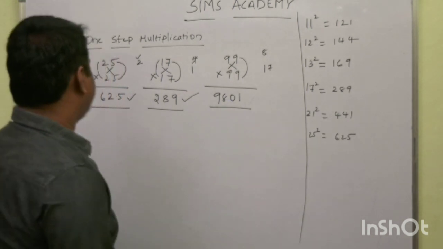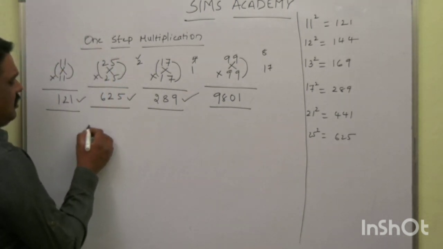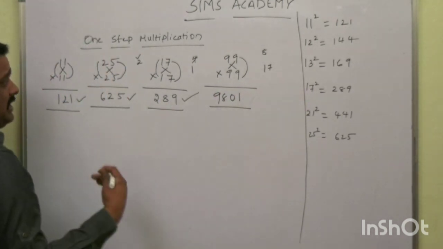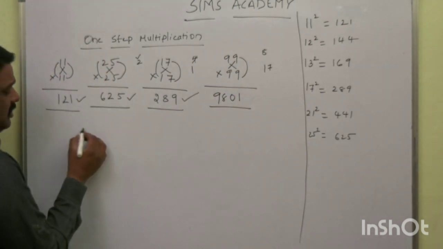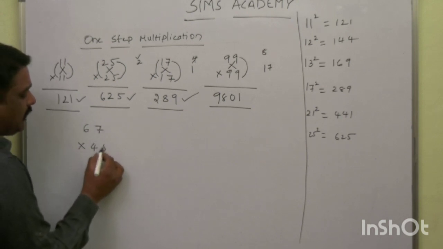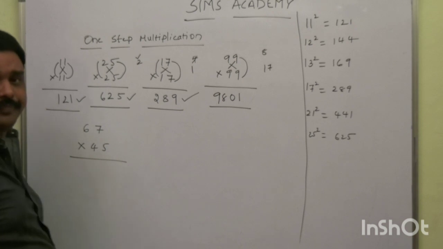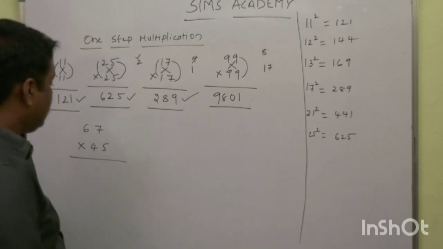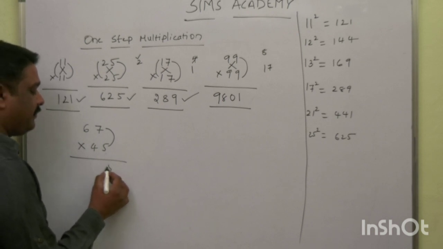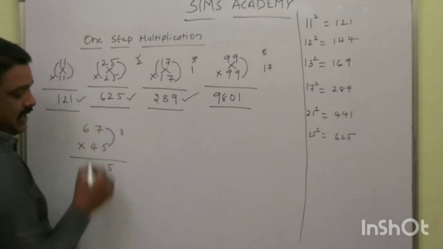Let us take other 2-digit numbers, not squares. Randomly we can take 67 into 45. First these two: 7 into 5, 35, 3 aside.